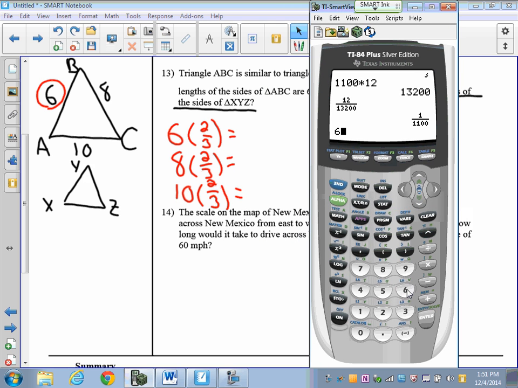So I just do 6 times alpha y equals enter, 2 divided by 3. I get 4. 8 times alpha y equals enter, 2 divided by 3, 16 over 3, and 10 times 2 divided by 3.